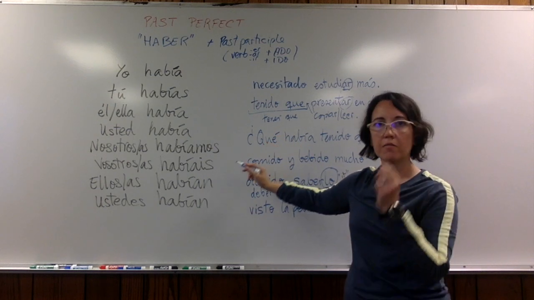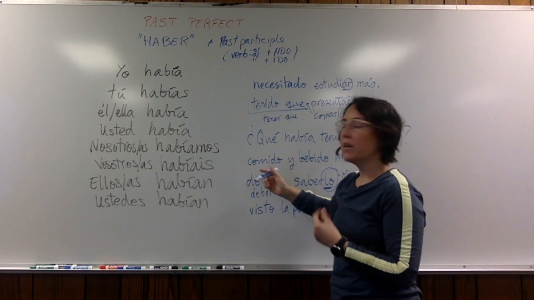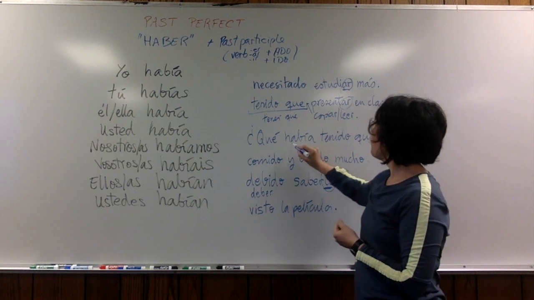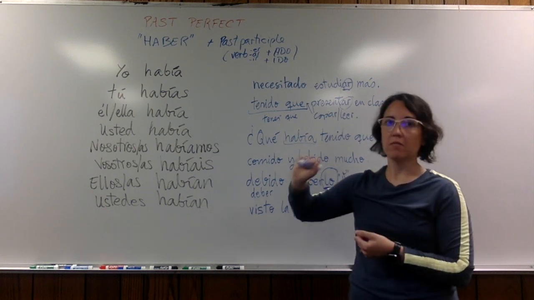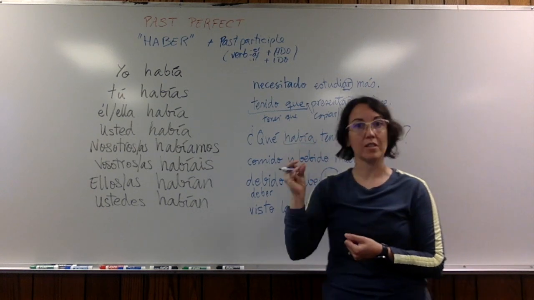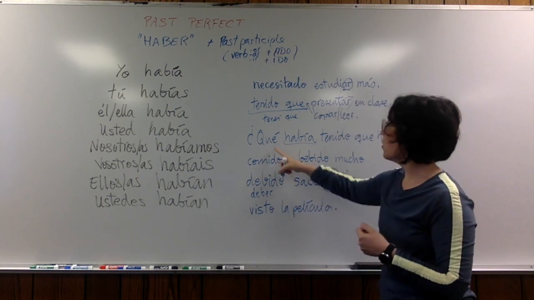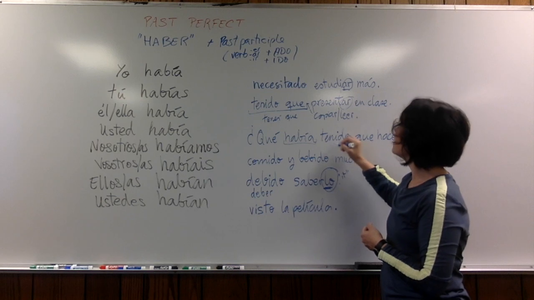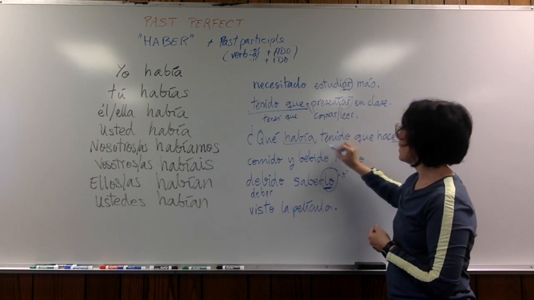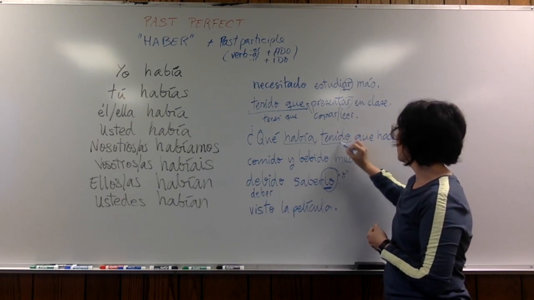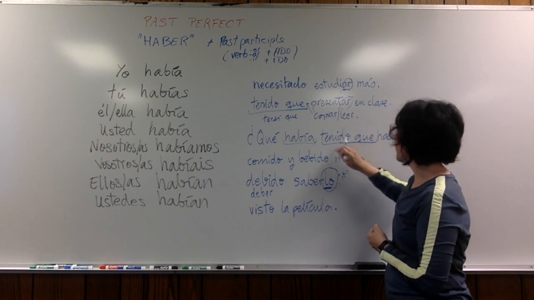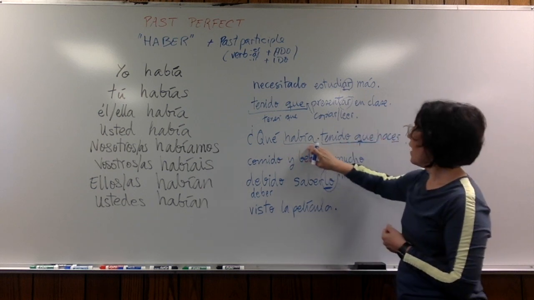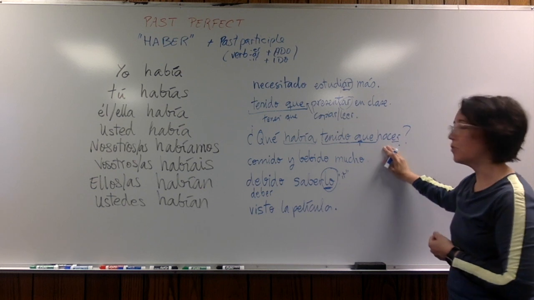But qué, you know the meaning, what? And then past perfect, because you see the había. So whenever you see había, you know it's past perfect right away. So, ¿qué había tenido? This is the past participle, because it ends in -ido, also because you see the verb tener que. What had to do?